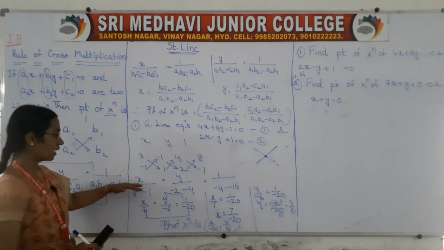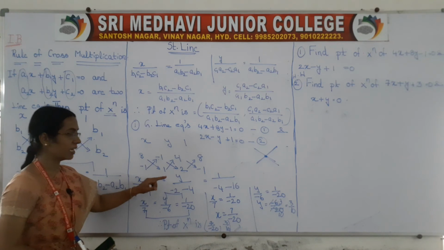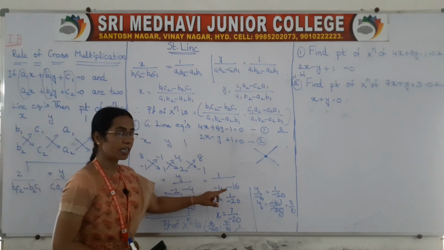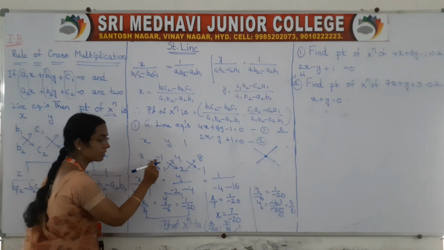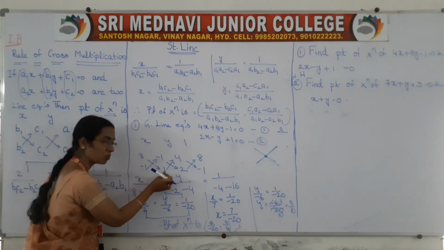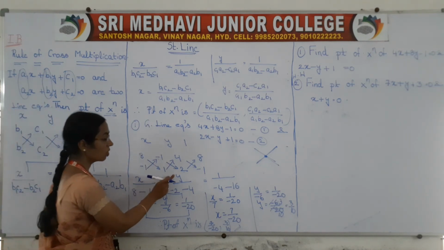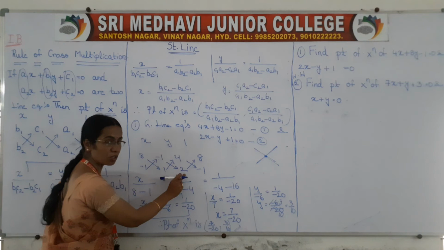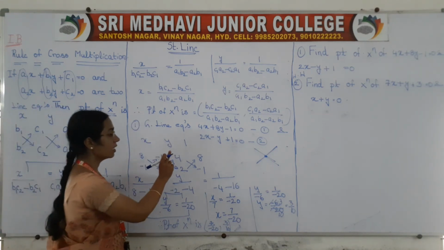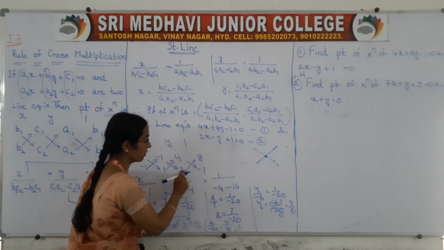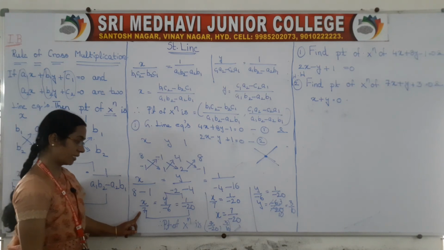So below that we have to write x divided by is equal to y divided by is equal to 1 divided by. When taking the values, x divided by this value into this value minus this value into this value is equal to y divided by this value into this value minus this value into this value. Similarly, 1 divided by this value into this value minus this value into this value. Then we got like this.